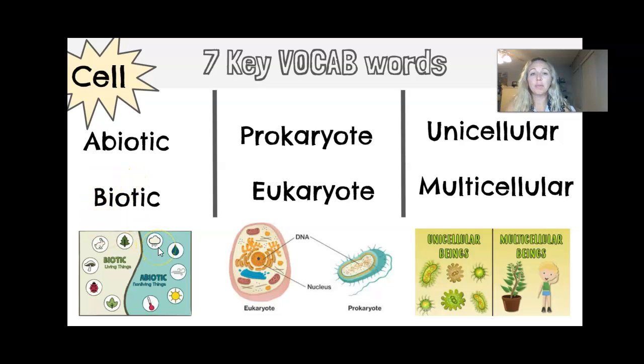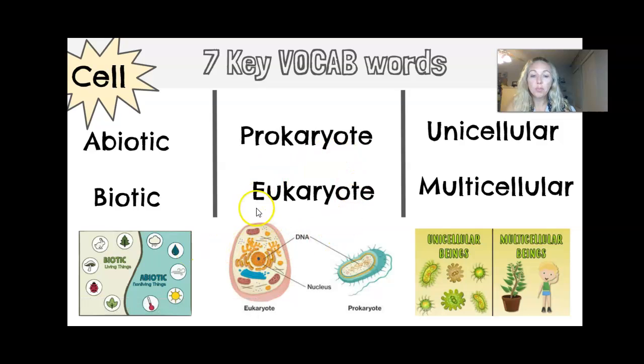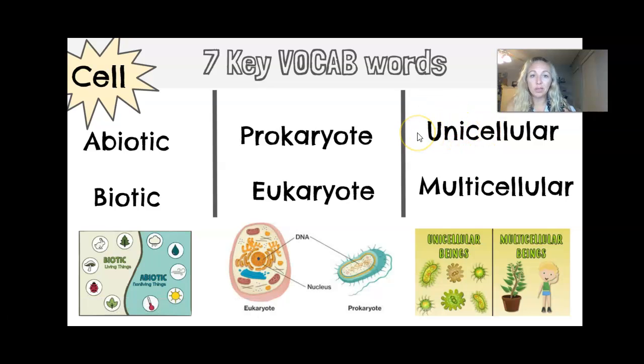You have probably learned in 5th grade that biotic is associated with living things and abiotic is associated with non-living things. Prokaryotes and eukaryotes are just different kinds of cells, and unicellular and multicellular are ways to describe how many cells an organism has.